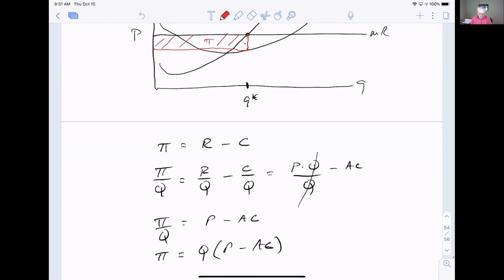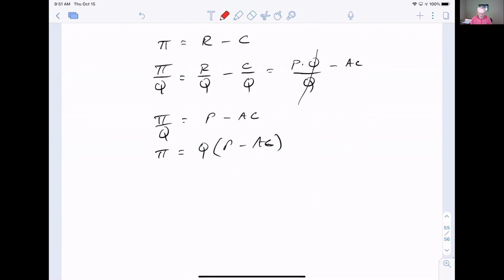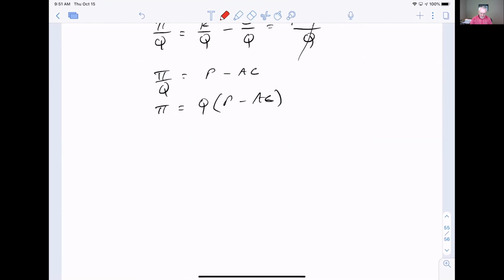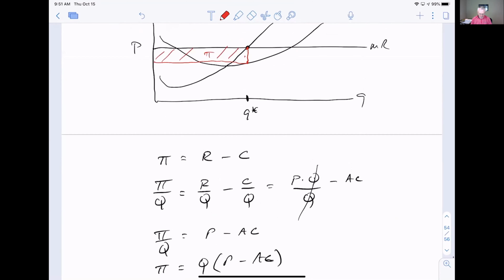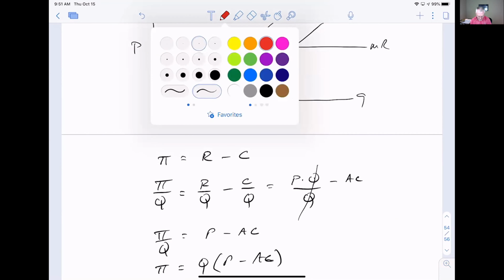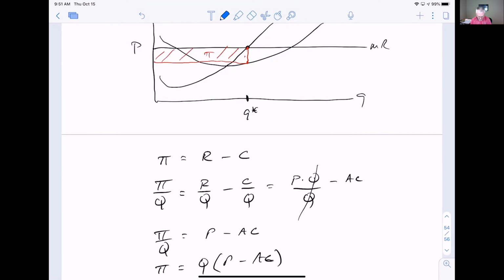Now, the story is a little more complicated than that. Let me go back to my drawing here and do one more thing. Let me change colors again. What are my total costs here? My total cost will be average cost times Q. So this rectangle here will be total cost.